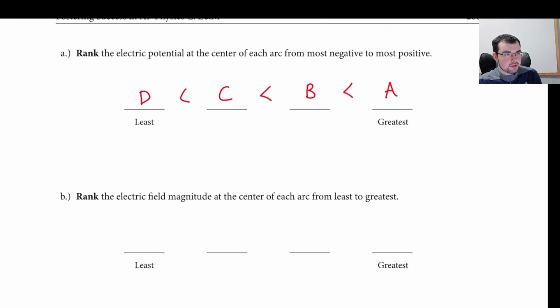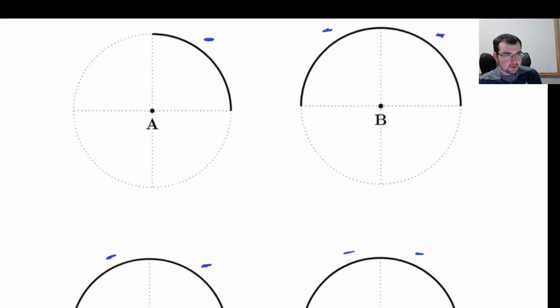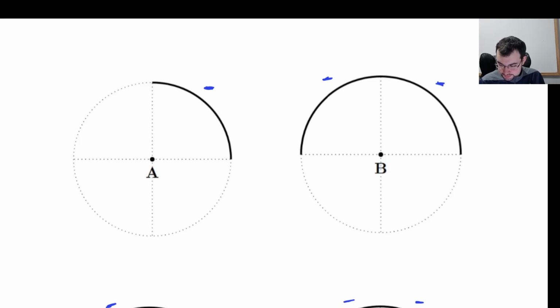So let's think about this here. For my first one, I have a field like this, because it's going to get mostly pulled in that direction, on average.